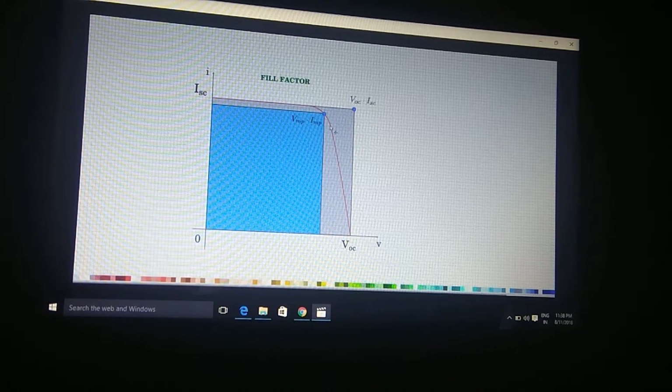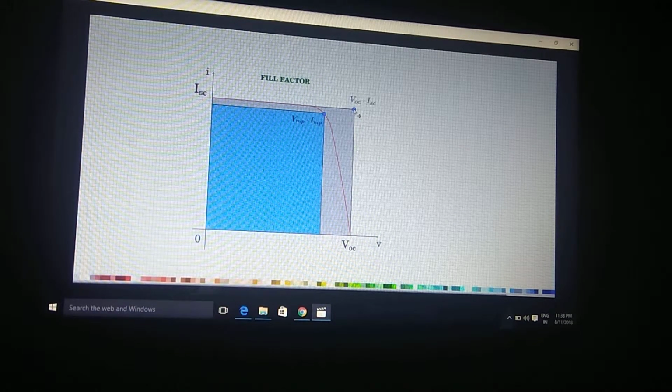Now observe that when the R series non-ideality is removed, it would gradually become vertical, and when the R shunt non-ideality is removed, that would become properly horizontal, and this would be a very ideal cell characteristic.